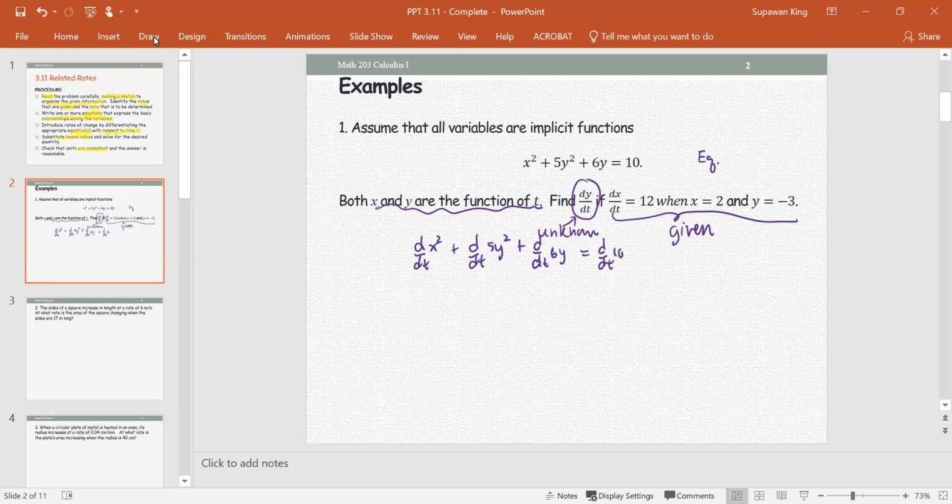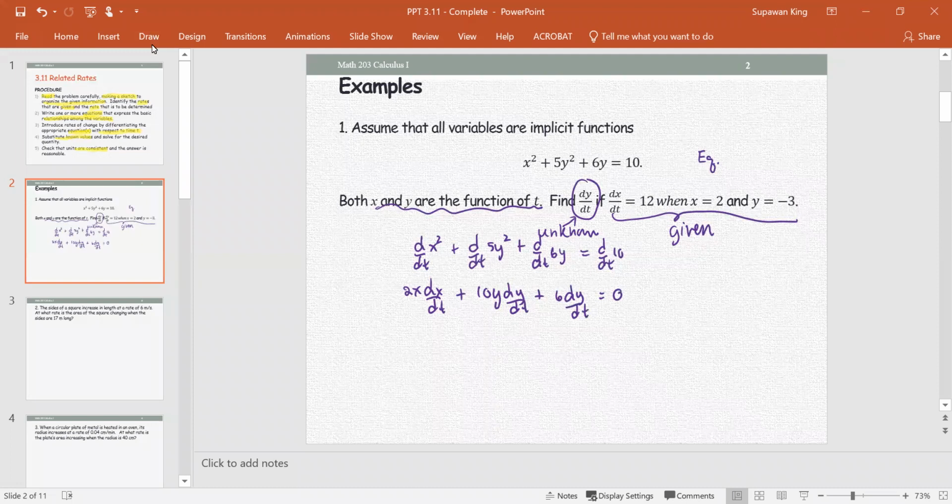Again, x and y are functions of t, so we treat them using the chain rule. The first term gives 2x dx by dt. The second term gives 10y dy by dt, plus the third term, 6 dy by dt, equals the right-hand side, which is 0, since the derivative of a constant is 0.